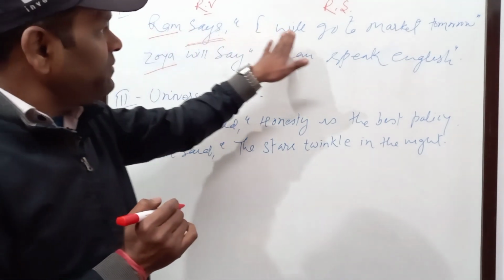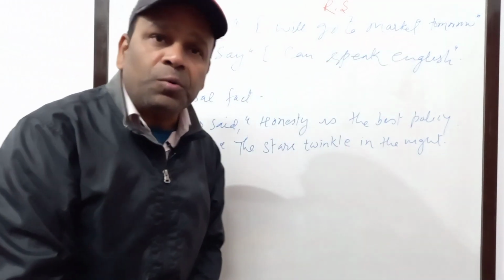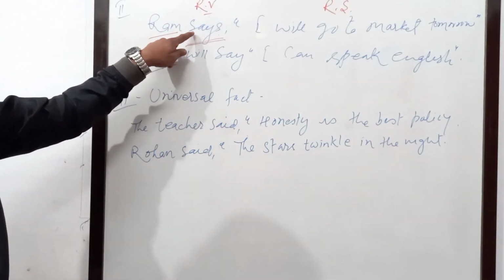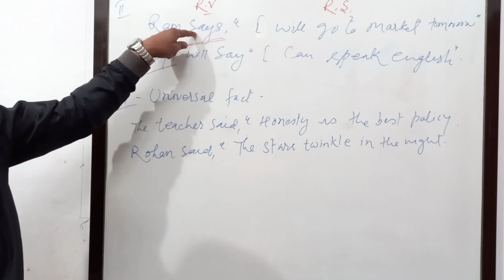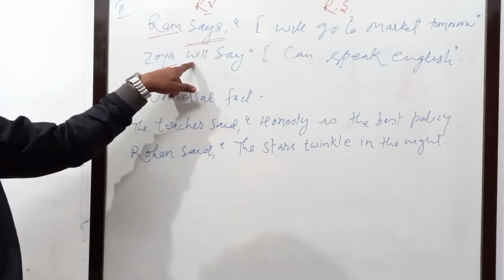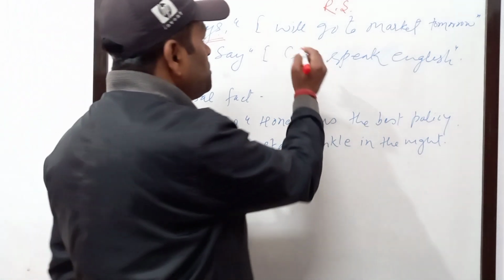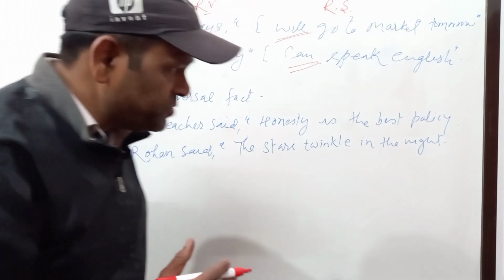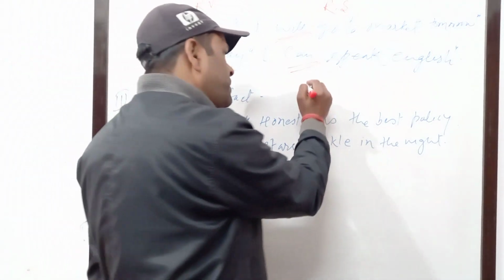Ram says, I will go to market tomorrow. Now my point is, whenever you find the reporting verb in simple present or in a present tense or in future tense, remember children that we don't change the verb of the reported speech. In reported speech, we make three changes.